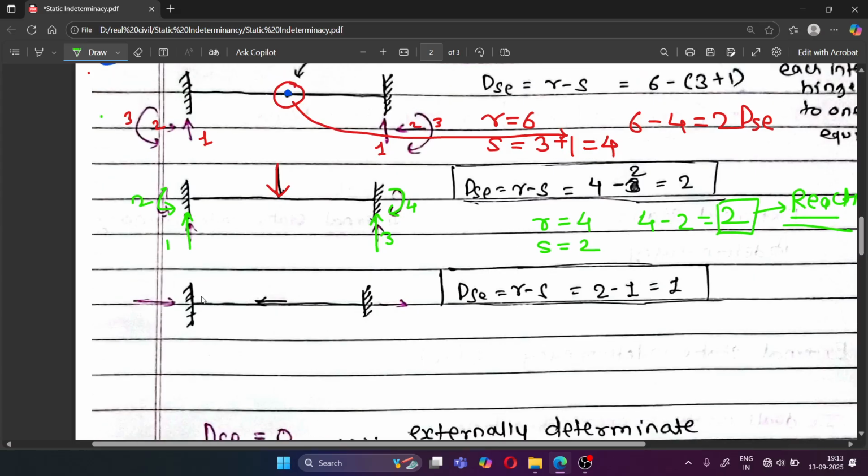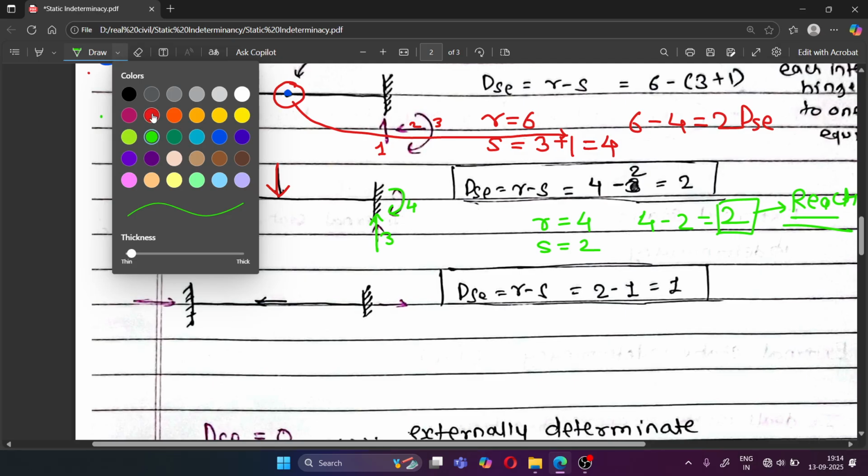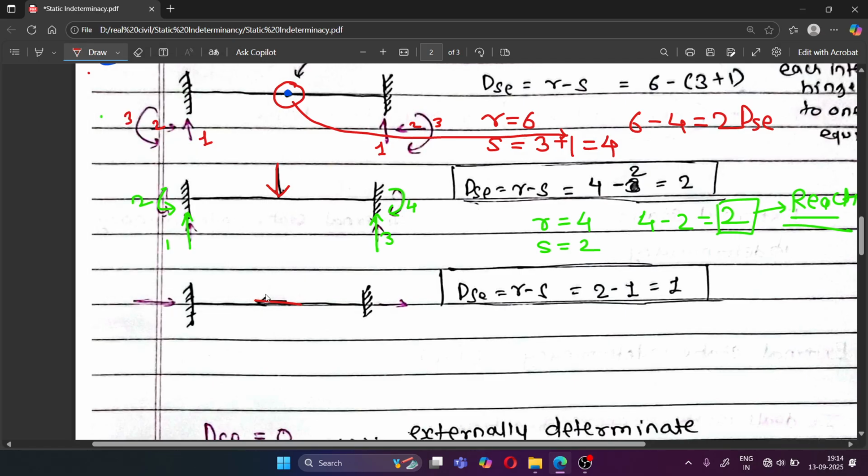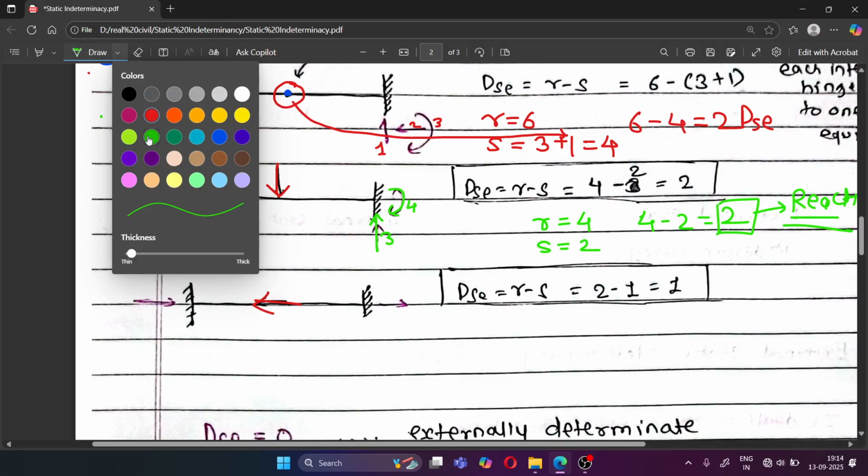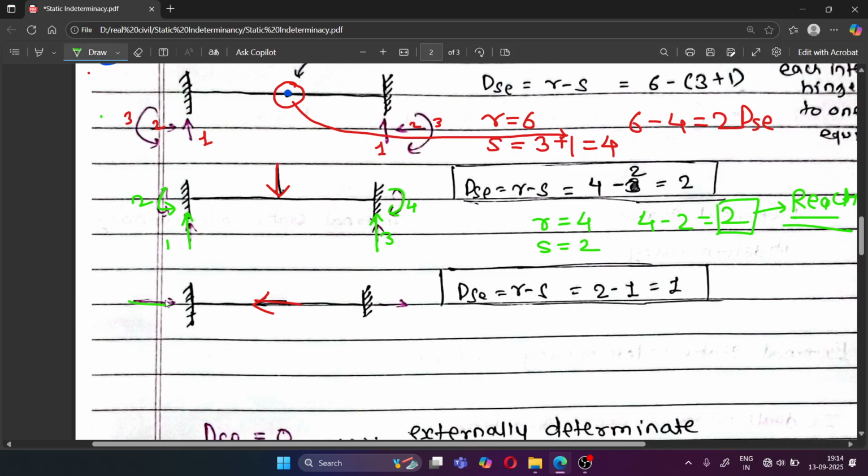And in the third case, again a fixed beam is there and the load is horizontal. Because of this load, only two reactions are going to generate. Okay, direction may be wrong, but there will be two horizontal reactions, 1 and 2. No moment, no vertical reaction is there because there is no load in that direction.